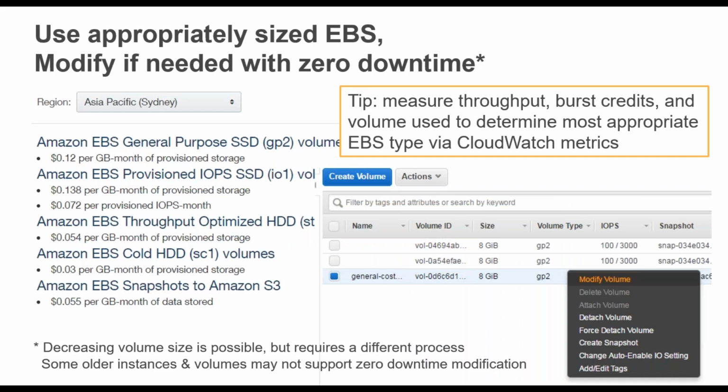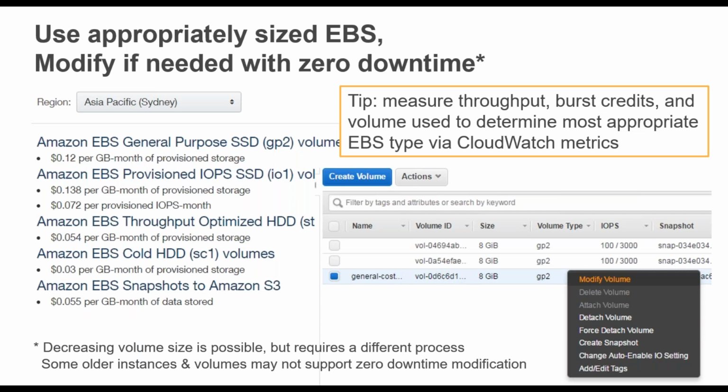So with block storage, or EBS, I'd advise customers to take a look at what they've provisioned, and if what they've provisioned can be changed or altered for cost optimization. For example, switching between solid state disks or hard drive disks.